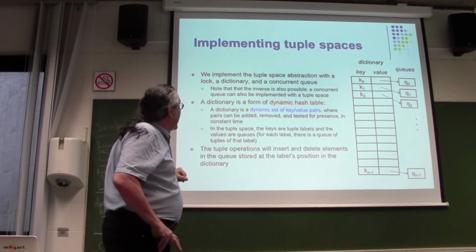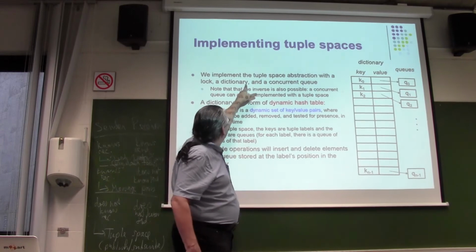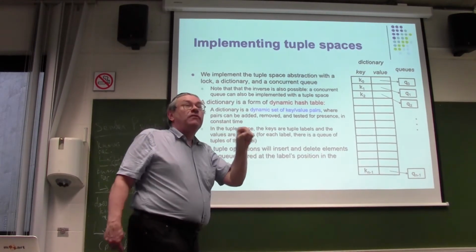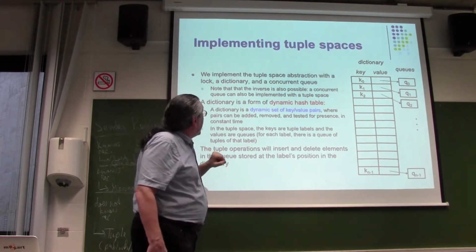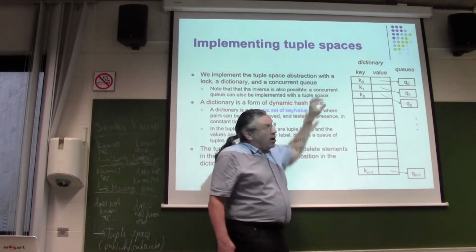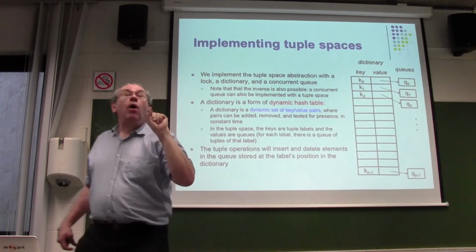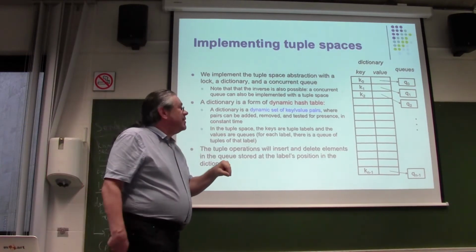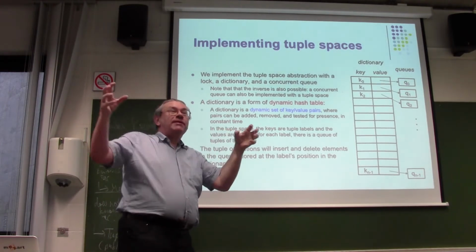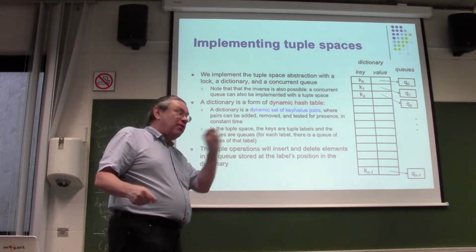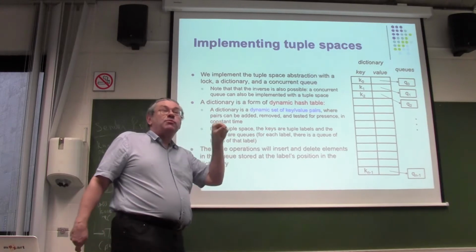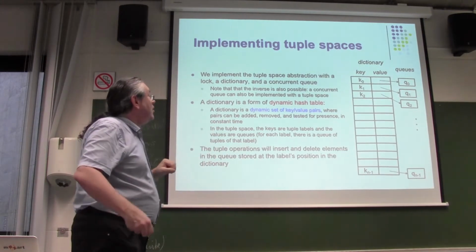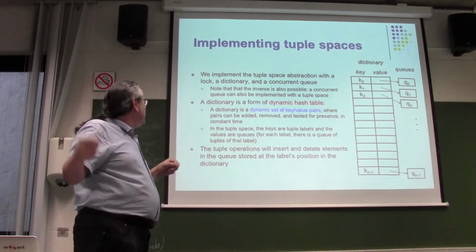And it has a dictionary because of the patterns, the fact that we can wait for a tuple with a certain label, and it also needs a concurrent queue, because what if you put more than one tuple with the same label? Somehow you have to organize them, and they are put in a queue. So if you put 5 tuples with label bar, they will be put in a special queue with all the tuples of the same label.